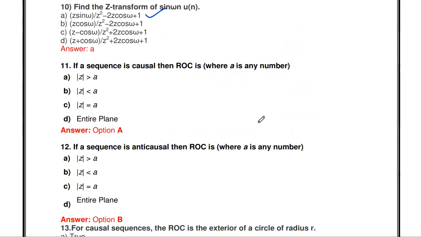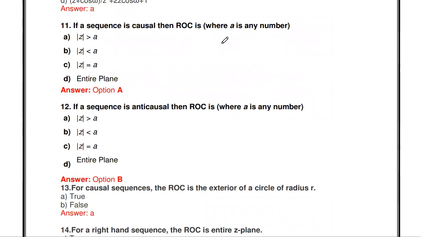Okay, then the next one, based on the ROC, some questions. First, if a sequence is causal, then the ROC is dash. So the ROC properties in Z transform. There are some properties of ROC: if the given sequence is causal, the ROC is modulus of Z greater than a.